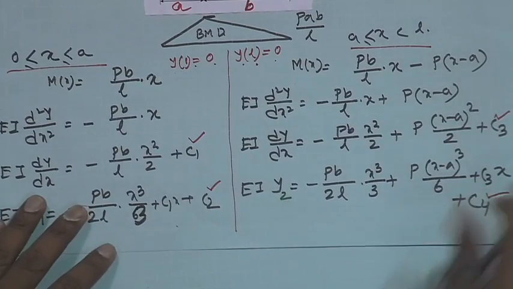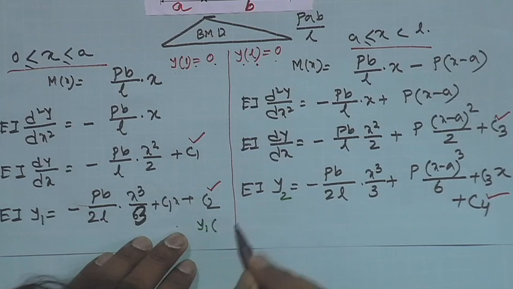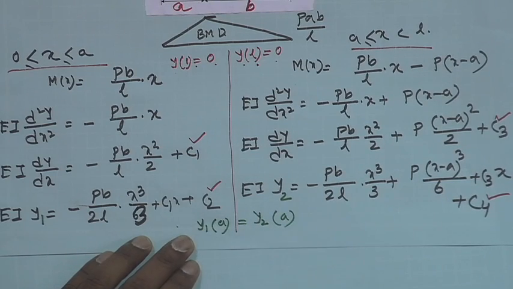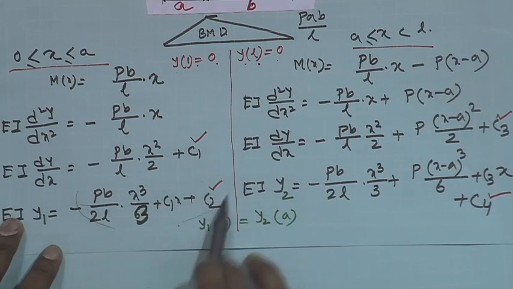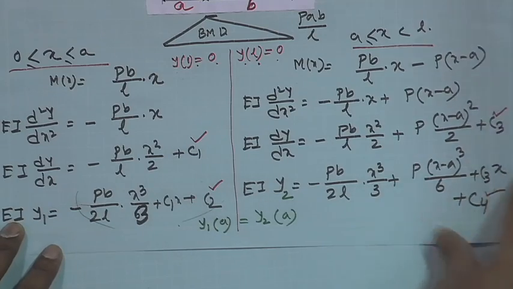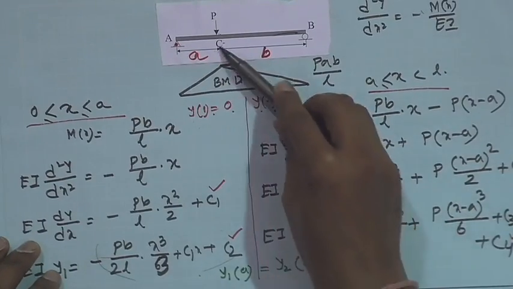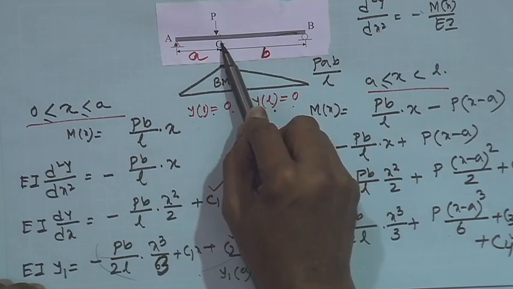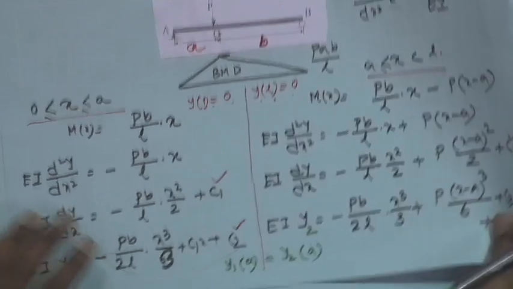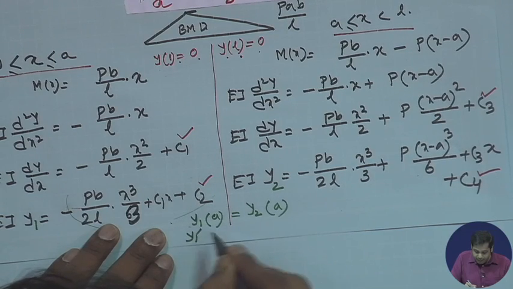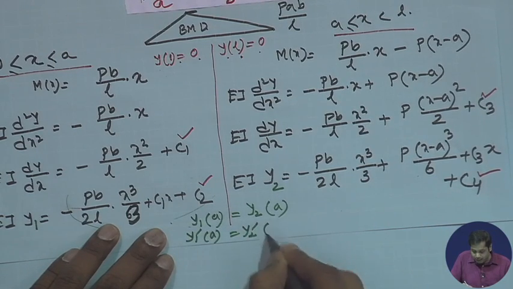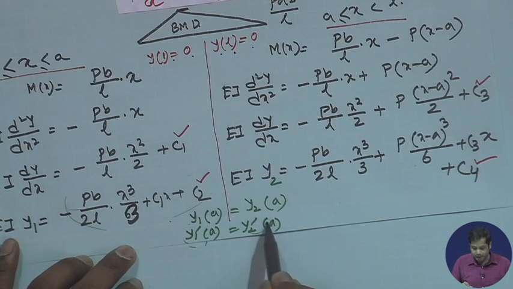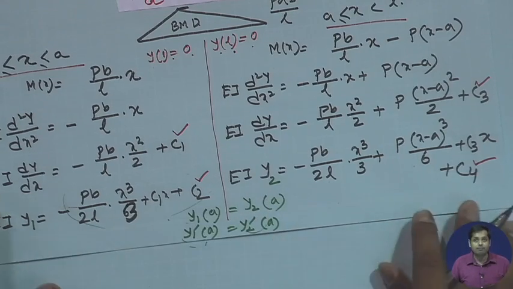Then the boundary condition is that y1 at A should be equal to y2 at A. So, if we evaluate the deflection of the beam at point C, which is at x is equal to A, from this expression and from that expression, they should be the same. The next boundary condition is y1 dash at A is equal to y2 dash at A, where y1 dash is dy1 dx and y2 dash is dy2 dx. So, these are another two boundary conditions.